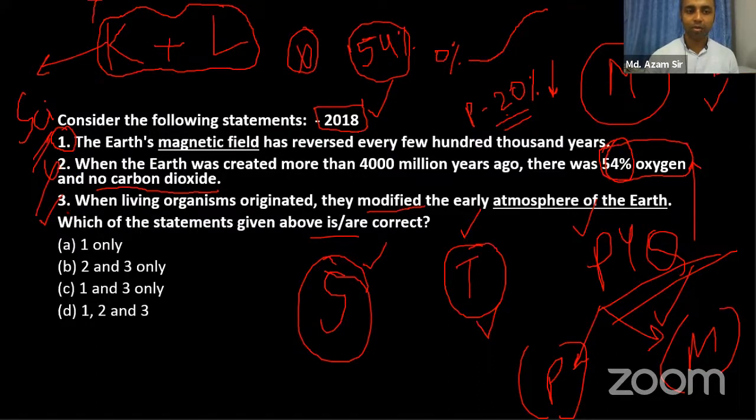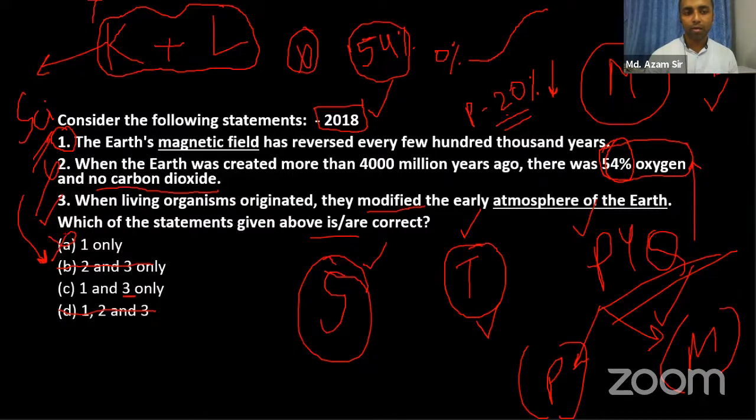So out of these three statements, I was not sure of the first statement. Second statement is wrong. Third statement is correct. So let us try to look at the options. Option A, I'm not sure. At least the second statement is wrong, so option B is eliminated. Option D is also eliminated. Now option C has to be correct. Statement 3 is correct, and in option A there is no statement 3, so option A is wrong.